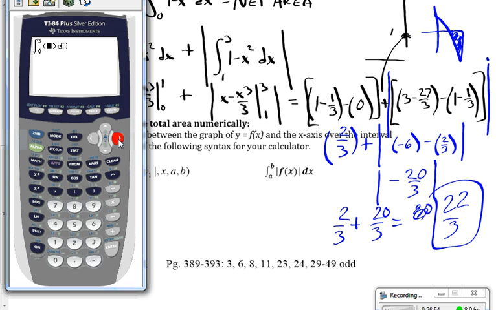Because what do absolute values do? Make everything positive. So if I did Math, absolute value of our function, which was 1 minus x squared, with respect to x, the calculator should give me 22/3. That's 22/3, right?